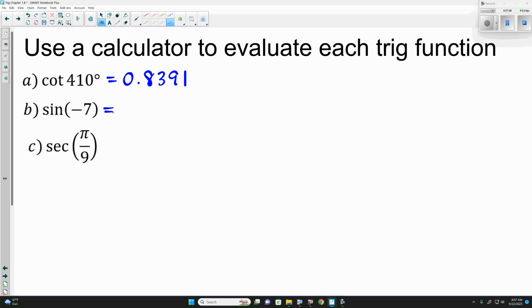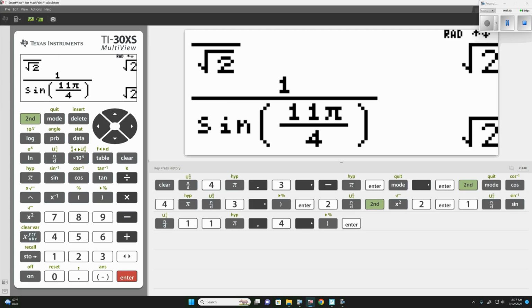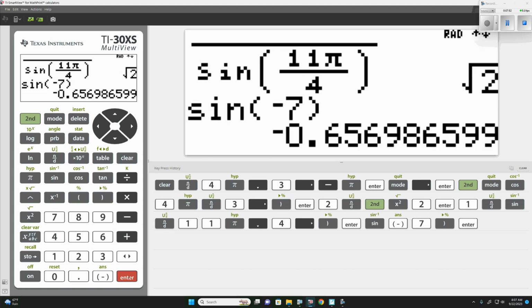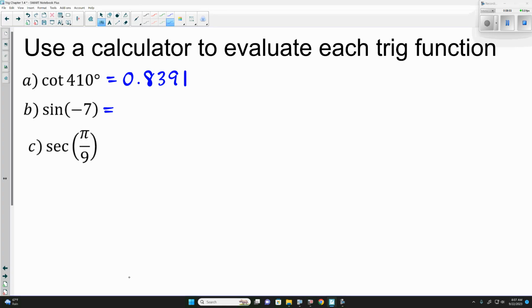Where the second one, sine of -7, is in radians. Negative 0.65698, so negative 0.6570. And lastly, secant of pi over 9, we're still in radians.